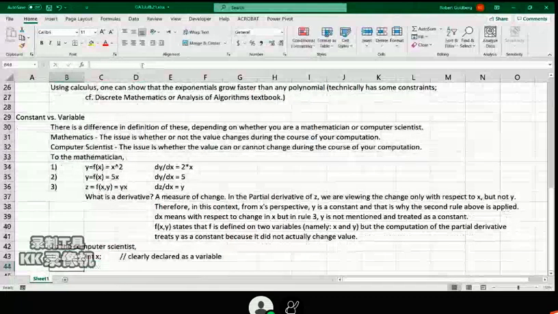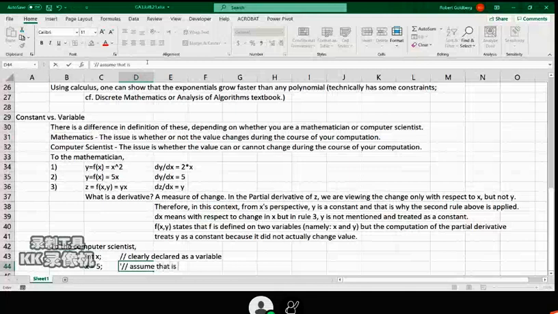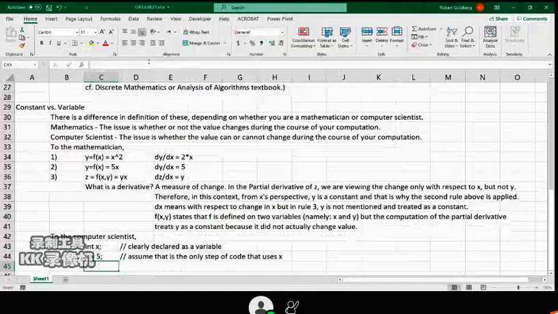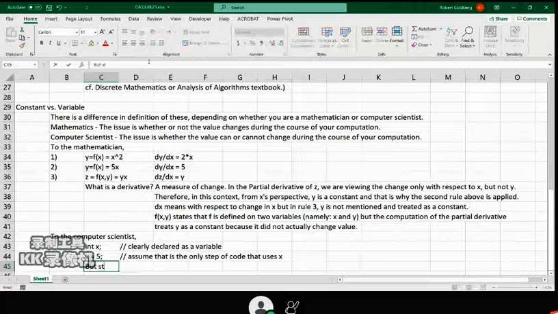But let's imagine that x equals 5, and assume that this is the only step of code that uses x. So x is assigned 5, so it never changes. But still, to a computer scientist, this is called a variable, even though x is assigned 5 and never changes.